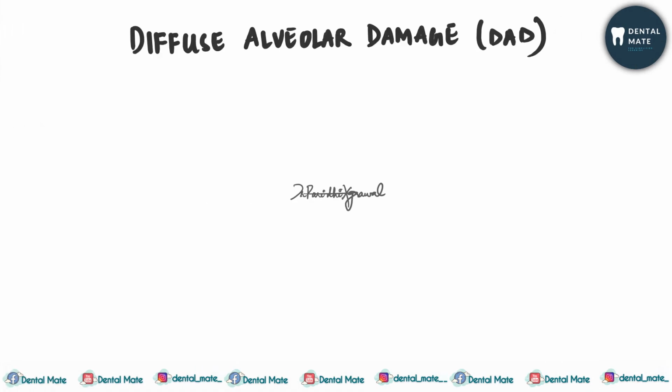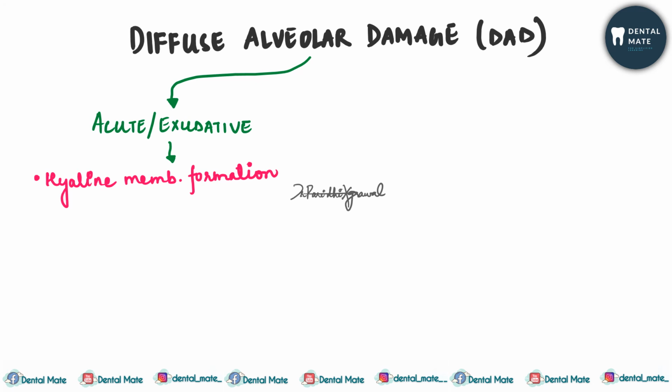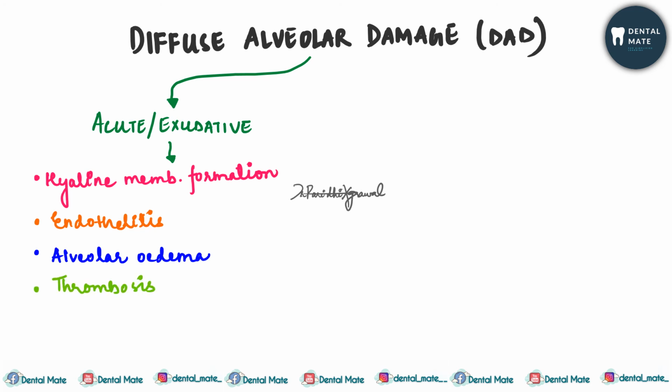Next, the most commonly affected organ in COVID-19 disease is the lungs, and the lungs present with diffuse alveolar damage, or DAD. The diffuse alveolar damage occurs in two phases. The first one is the acute or the exudative phase. In this phase, there is hyaline membrane formation, endothelitis, alveolar edema, thrombosis.